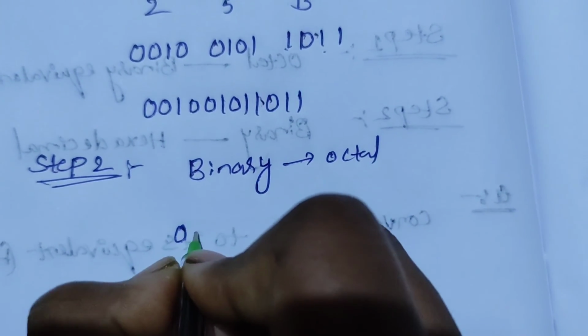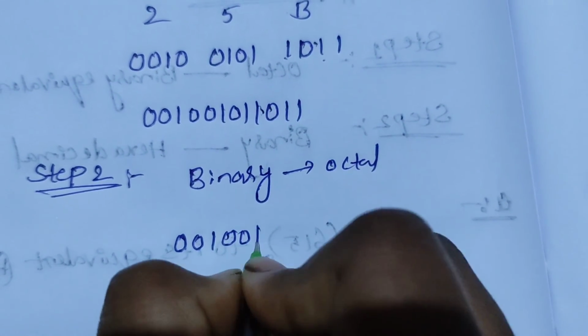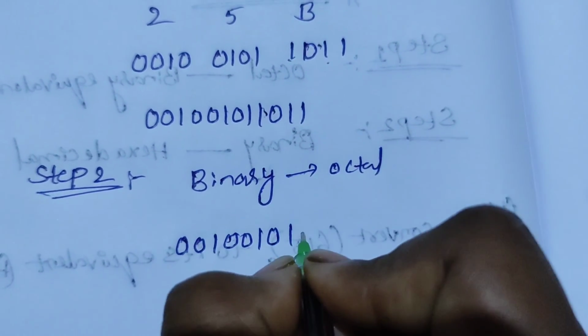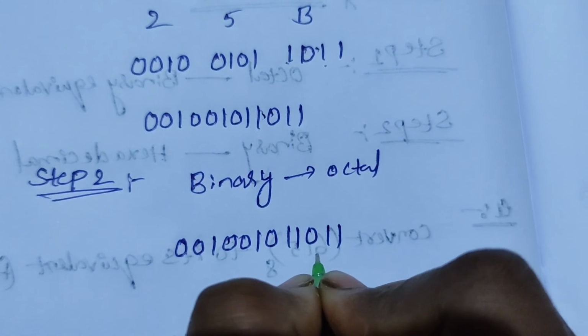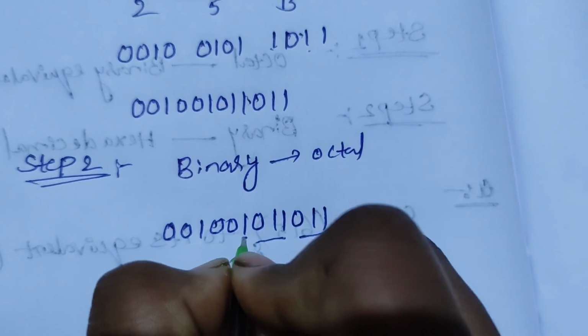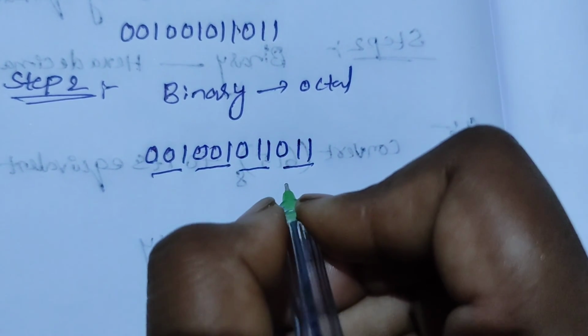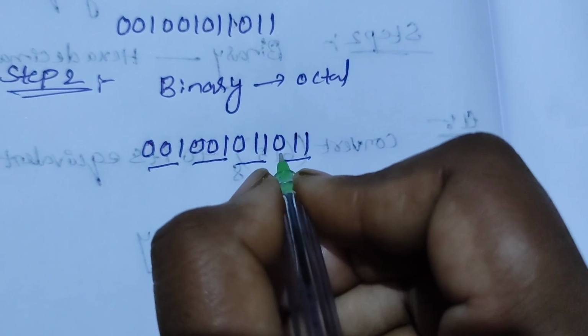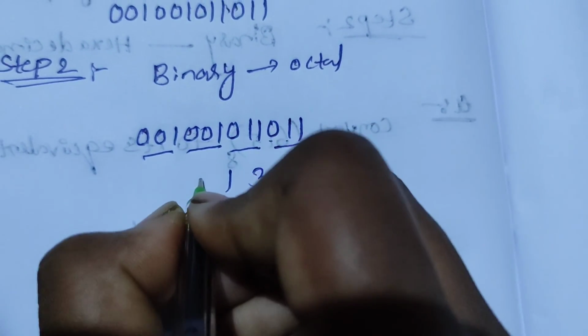So 0, 0, 1, 0, 0, 1, 0, 1, 1, 0, 1, 1. So grouping the first 3 bits as a group and the next 3 bits, the next 3 bits and the next 3 bits. So writing it into equivalent octal: 0, 1, 1 means 3, 3, 1, 1.